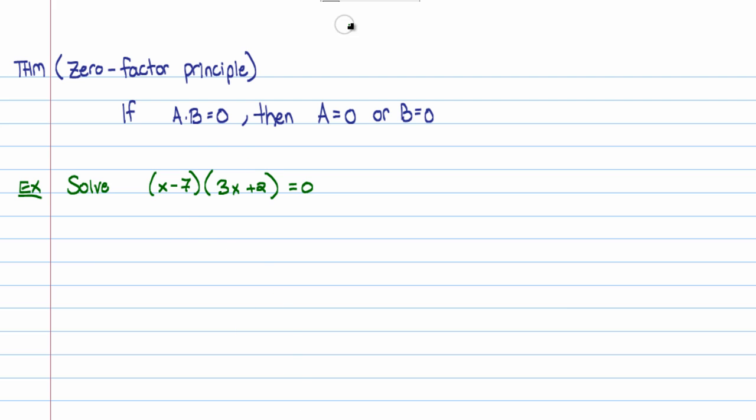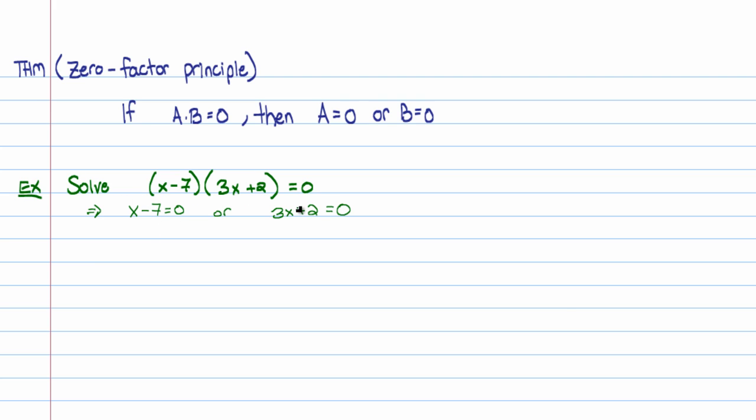Let's go ahead and solve the quantity x minus 7 times the quantity 3x plus 2 is equal to 0. Now, this is essentially two objects multiplying to become 0. So that means either the first object is 0 or the second object is 0. So that implies that either of those two situations are true.